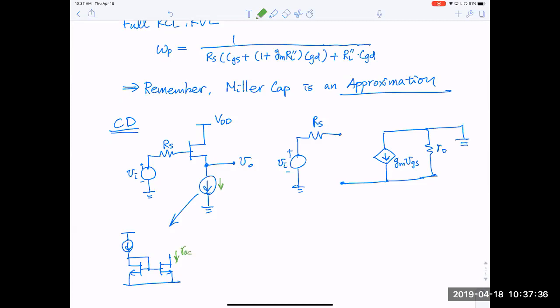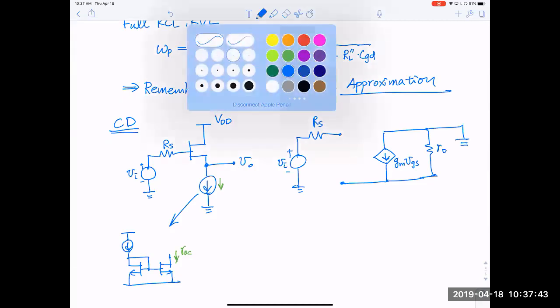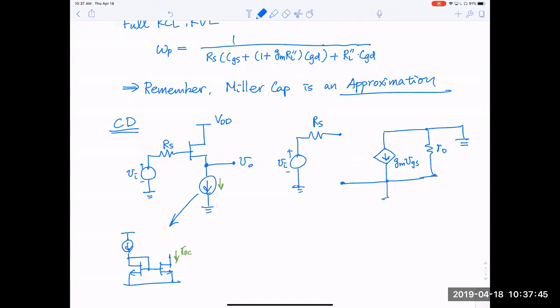It's not really infinity, it's a finite resistance. In this simple circuit, ROC will simply equal the RO of this bottom transistor, but let's keep it general. So let's call this the RO of the current source, ROC.